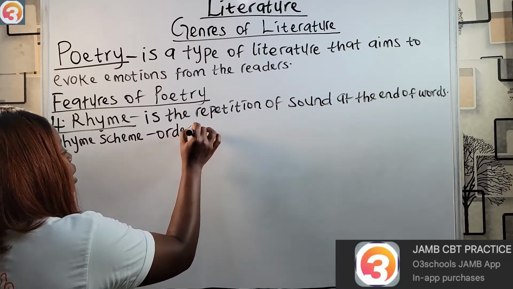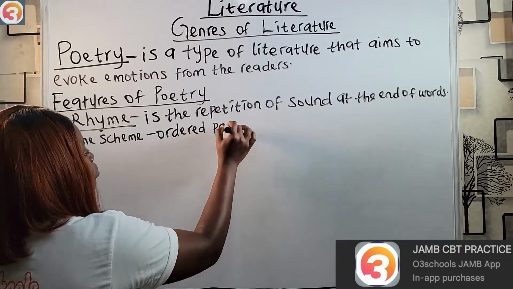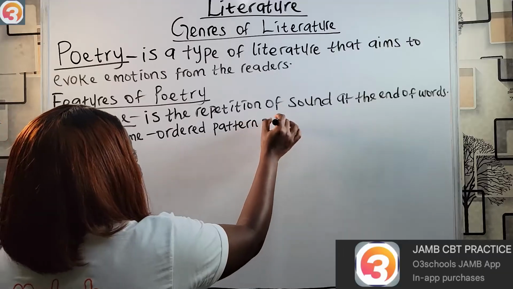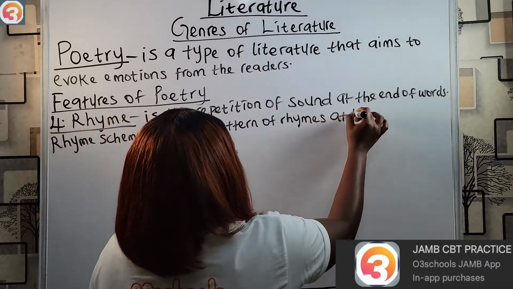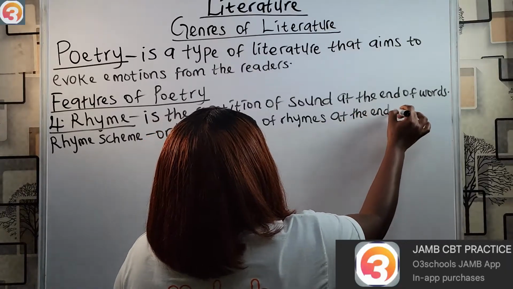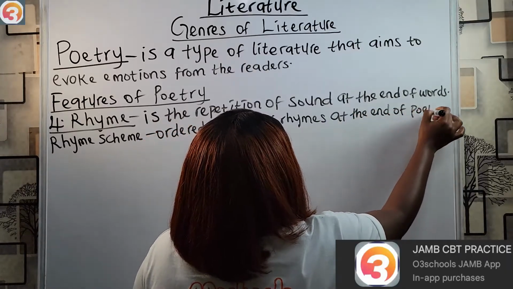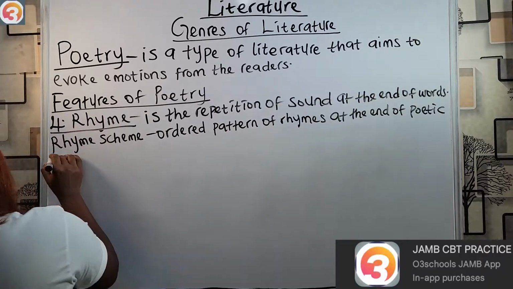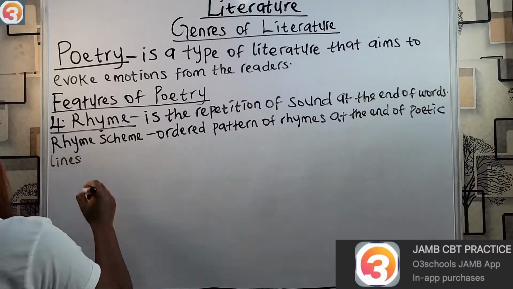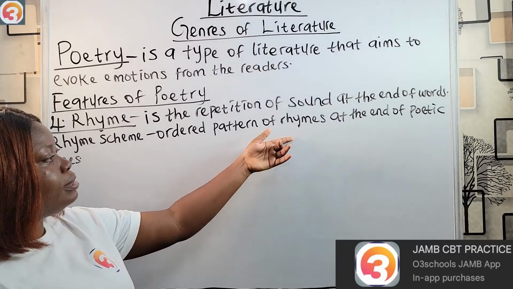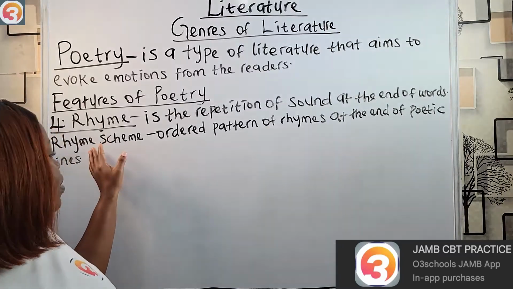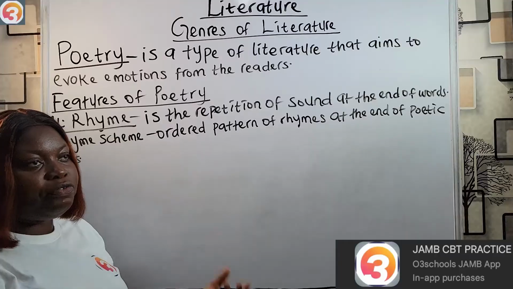Rhyme scheme is the ordered pattern of rhymes at the end of poetic lines. So by the time we repeat rhymes at the end of lines, we refer to it as rhyme scheme. We have different schemes.